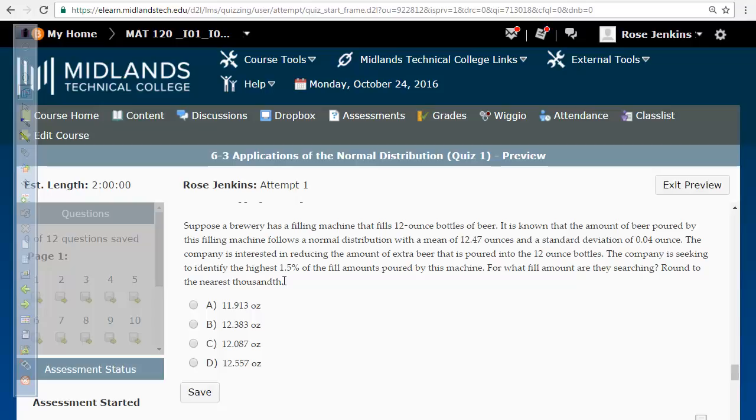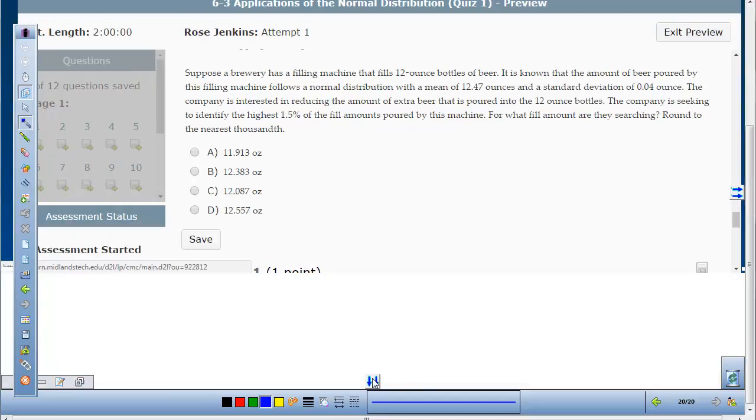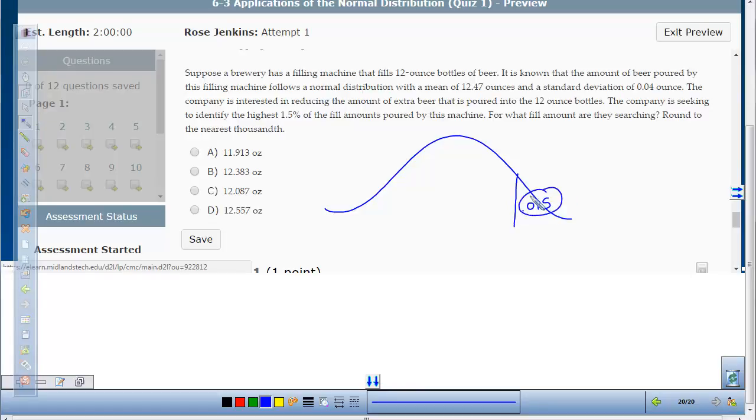So notice that this question asks us not for a percentage, but it asks us for an X value. X in this case represents the volume that's in the bottle when they fill it. So we want to get the highest 1.5% of those volumes. So I'm going to put 0.015 over here. That's my area.